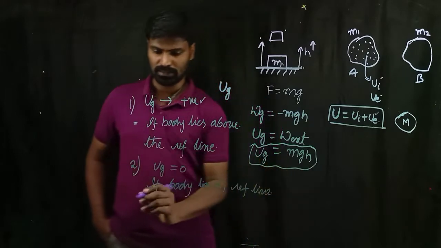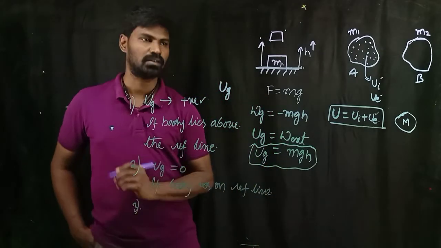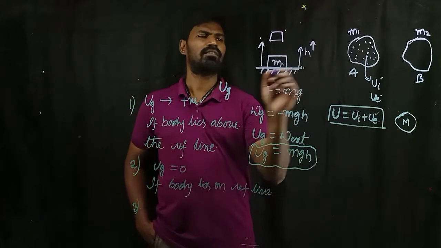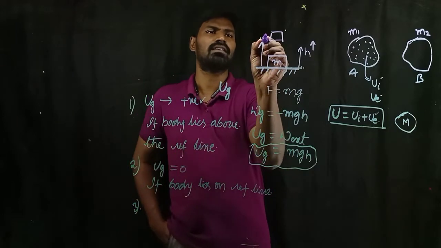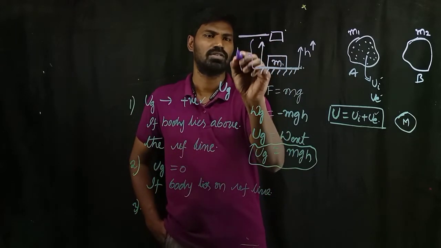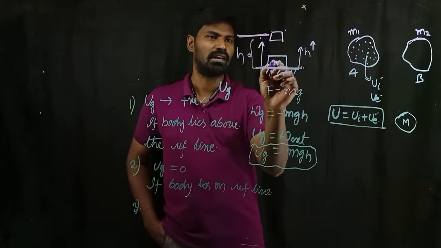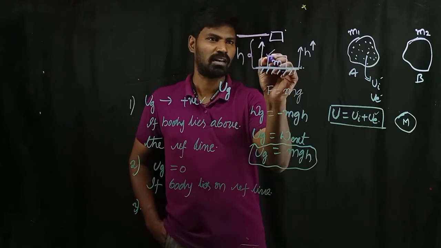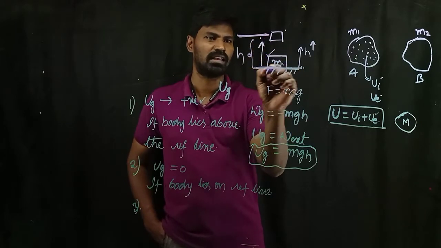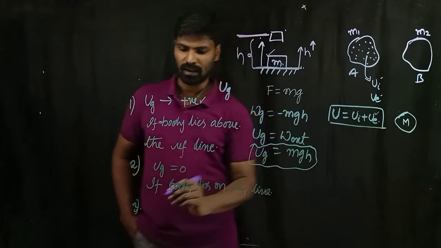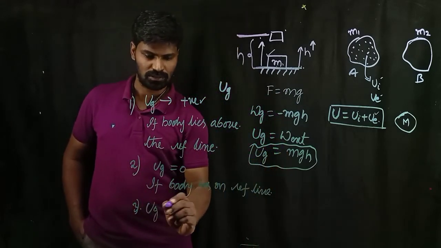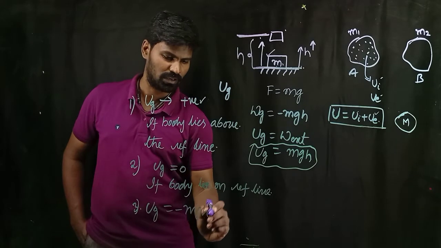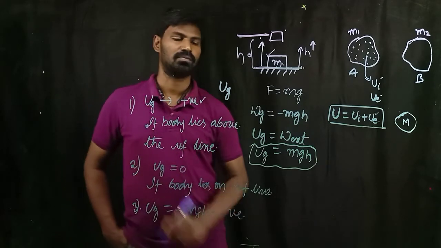And the third case is, why should I take my reference level over here? Why can't I take it somewhere over here, which is at a height h? With respect to this reference level, if you talk about the gravitational potential energy of this body which is lying on the surface, in this case the gravitational potential energy Ug is equal to minus mgh, which is negative.